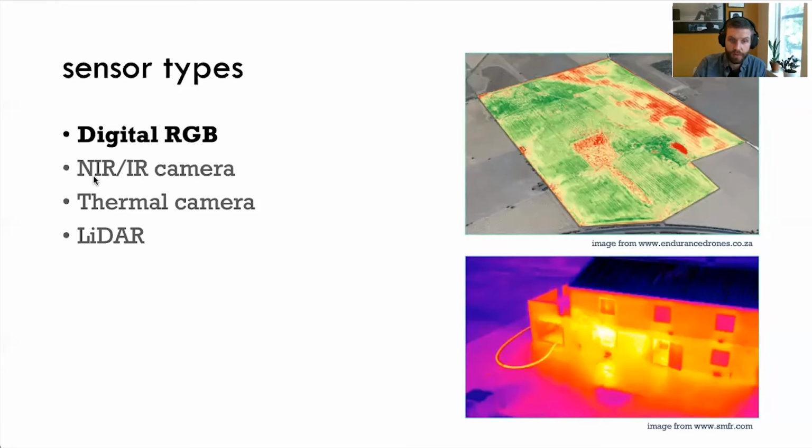There's also near infrared or infrared cameras that collect additional wavelengths of light, and these can allow for some additional analyses. If you have studied GIS, you might have studied NDVI, normalized difference vegetation index, which uses some additional bands of light to help analyze the growth of crops and other vegetation. And so that's an additional use.